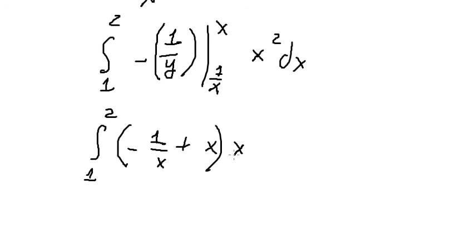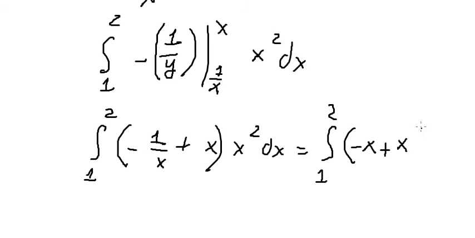And we have s squared in here, ds. s squared multiplied by 1 over s and s. And we get the final answer. That's negative s plus s to the power of 3 ds.